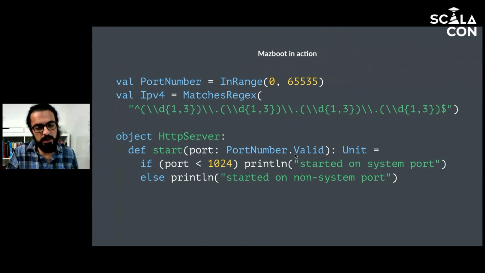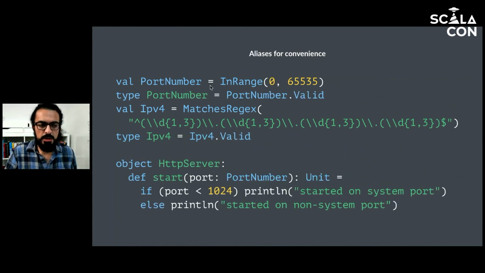So you have to refer to that .valid, or for convenience, I've set that as a convention: every time you create a type validator, create an alias that points to the .valid that's inside it. And all the types that come from the library already do this trick, and they have the type alias. So now it looks like a normal type. You don't have to type .valid yourself. So port is just a port number.